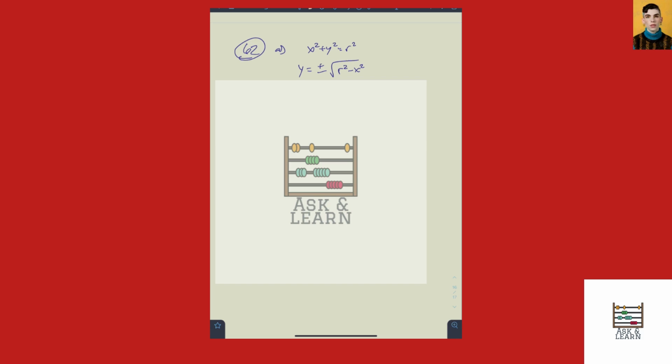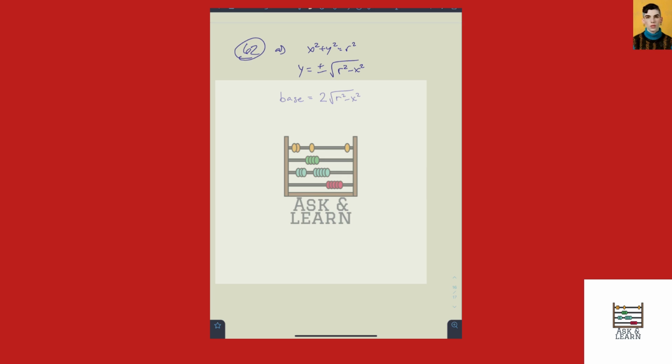So the base that we have is 2 times the square root of r squared minus x squared. And that'll give us the whole base length of our isosceles triangle.